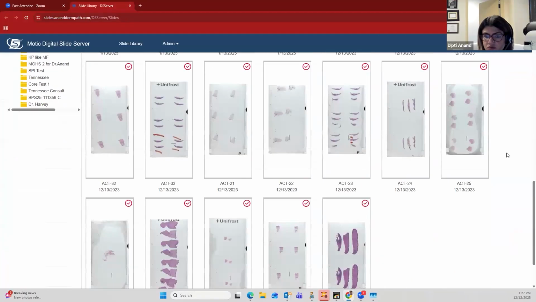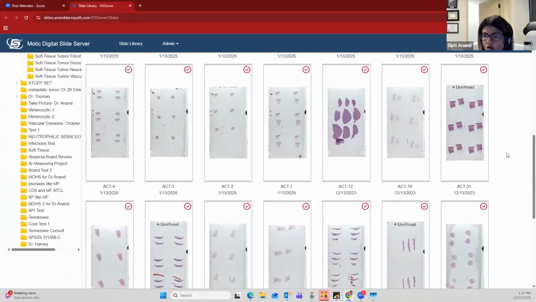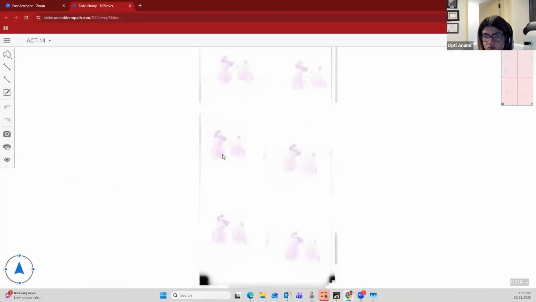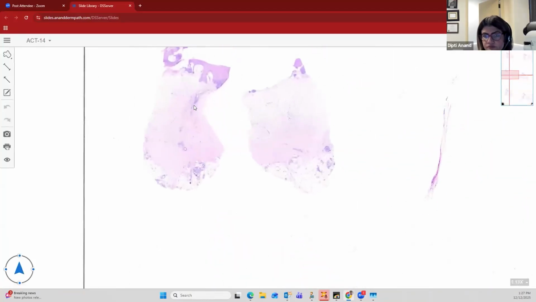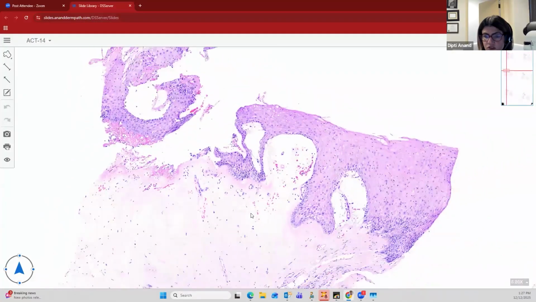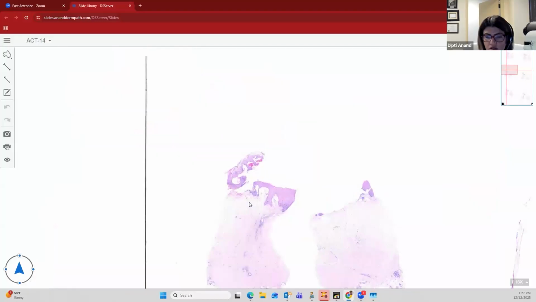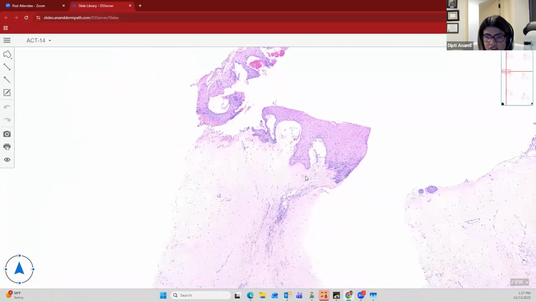14th. So low power, what does it look like? What does this remind you of, this dermis?